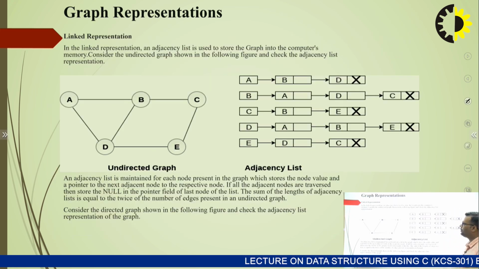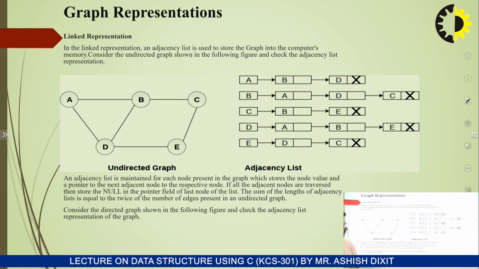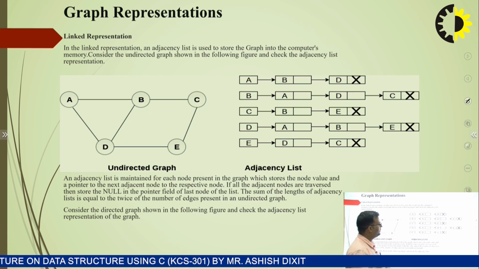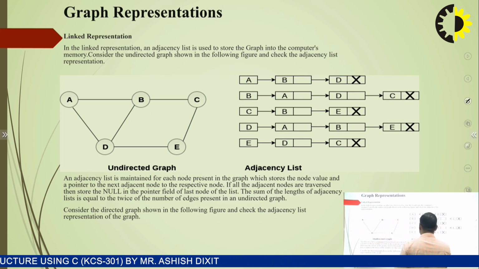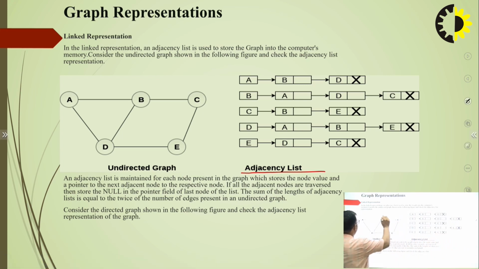Again, how to create a linked list representation of the undirected graph. Here we will create an adjacency list. Suppose A to B, how do we create a linked list representation?